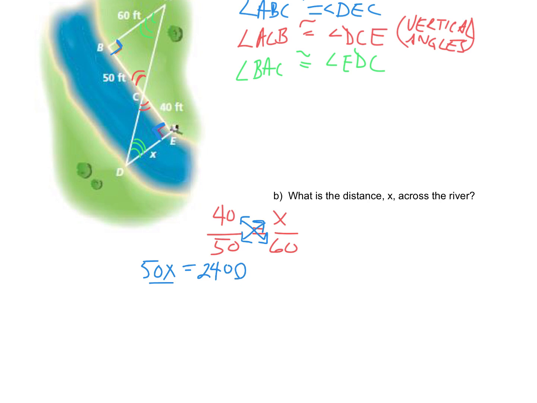And then remember, inverse of multiplying is to divide. So x equals 48. So the missing distance across has to be 48 feet.